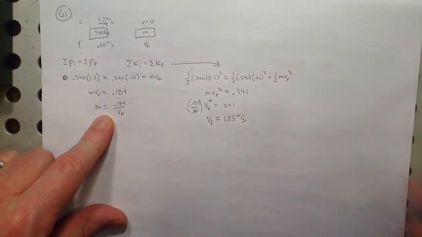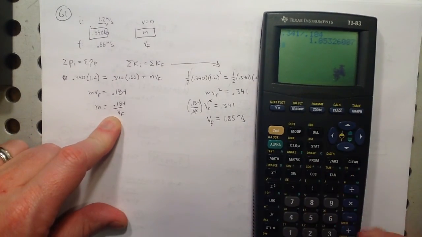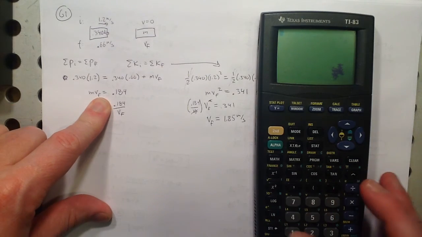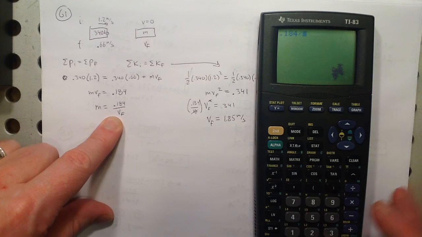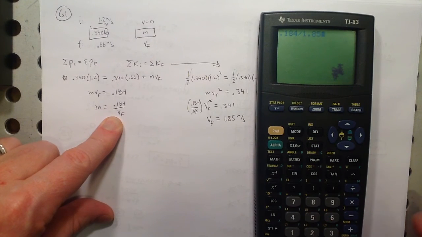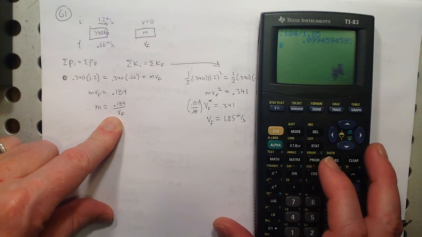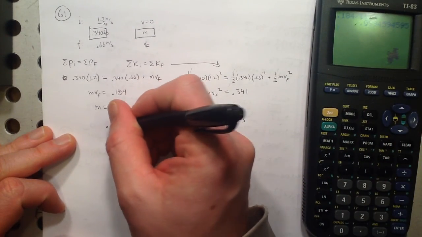And then I know that the mass here is equal to 0.184 divided by that velocity, 1.85, so that'd be about 0.1, right? Let's call it 0.10, 100 grams.